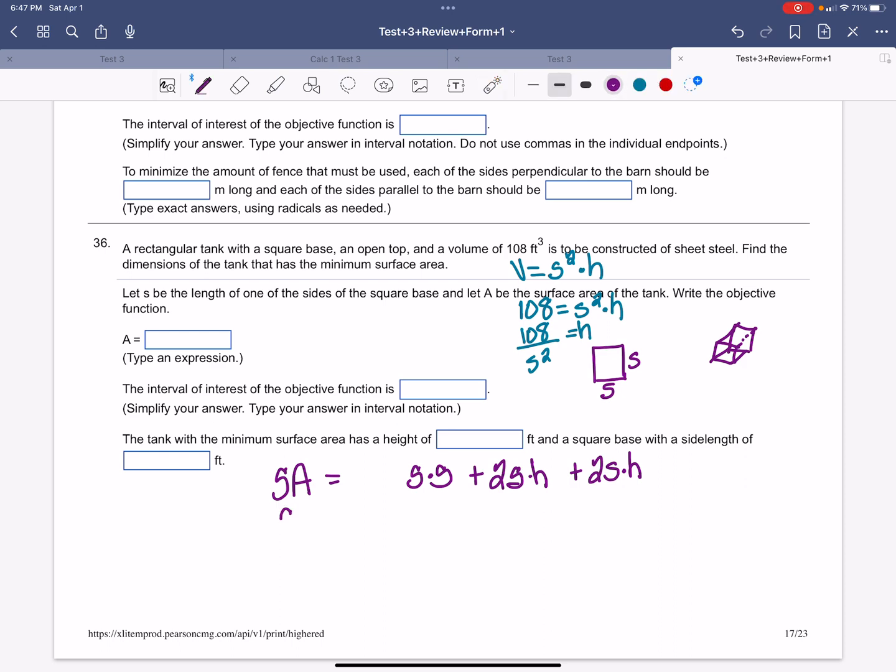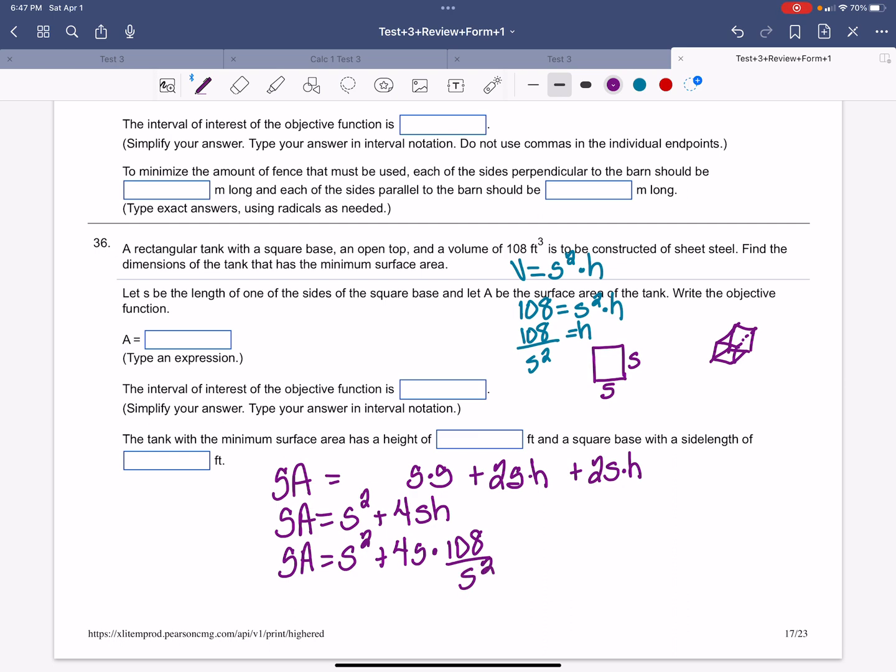So I'm going to have the surface area is side squared plus 4SH. Okay, and we know that H is 108 over S squared. So I'm going to have SA equals S squared plus 4S times my height, which is 108 over S squared.